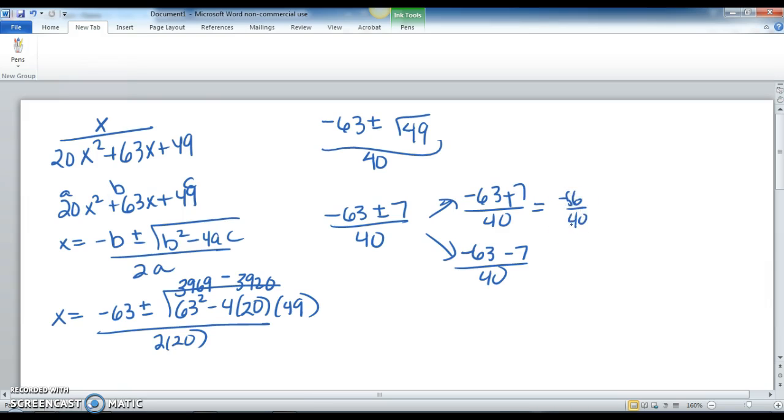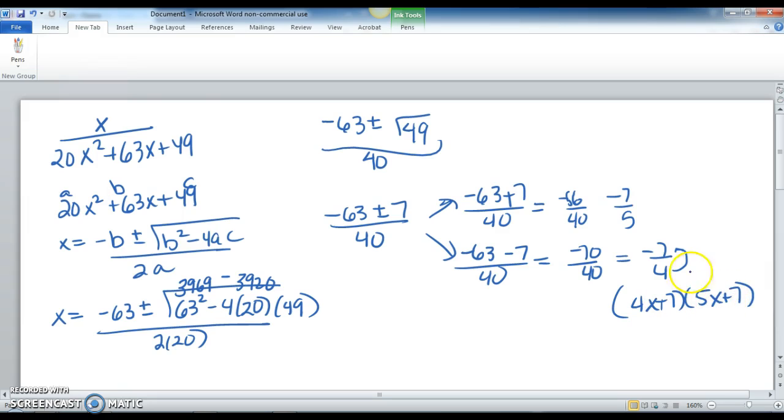And when you reduce that to lowest terms, you would get negative 7/5. Negative 63 minus 7 gives you negative 70 over 40. Gives you negative 7/4. So this factors into 4x plus 7 and 5x plus 7.